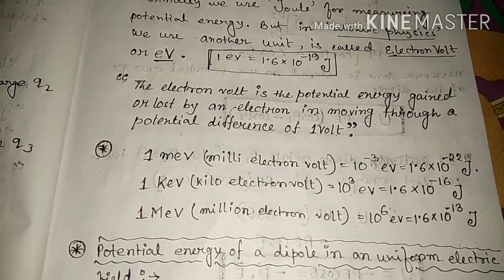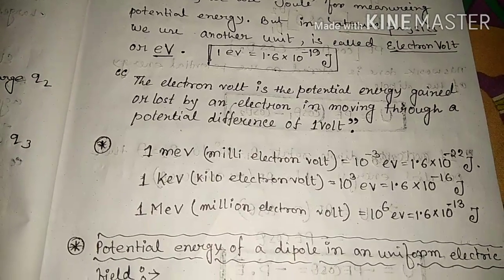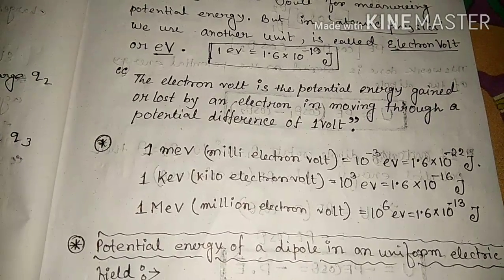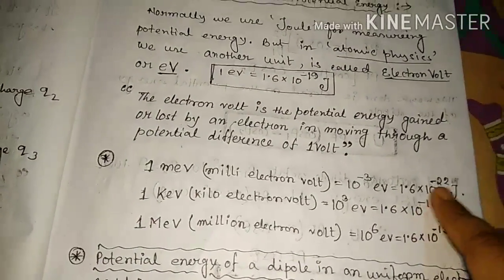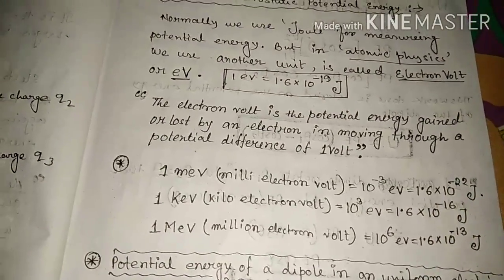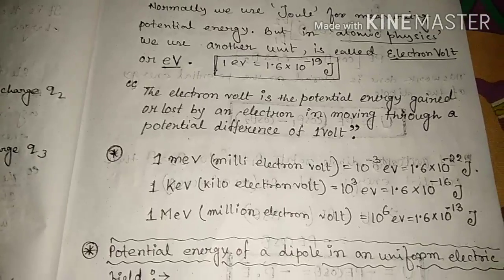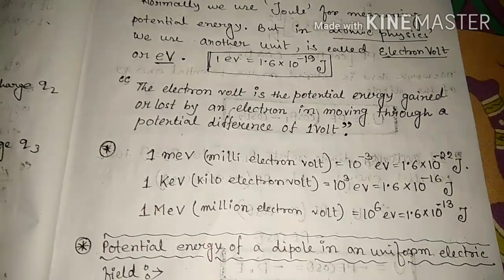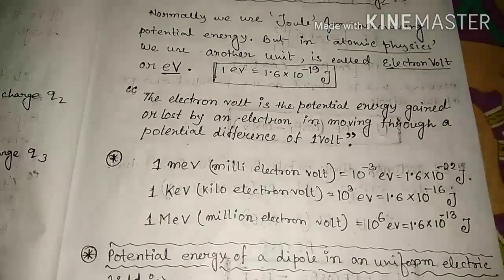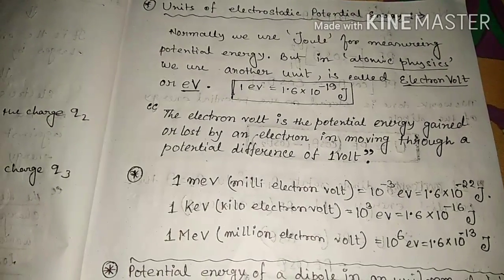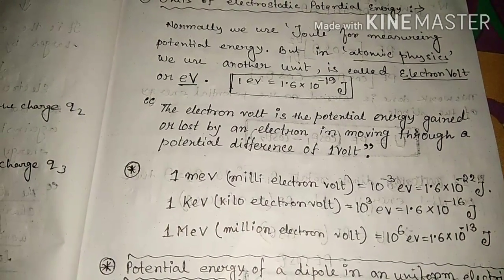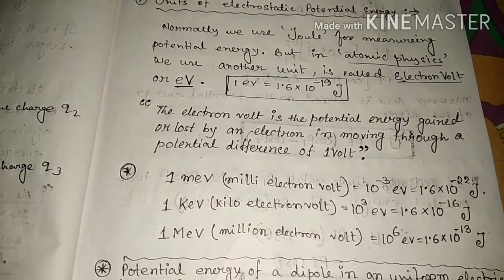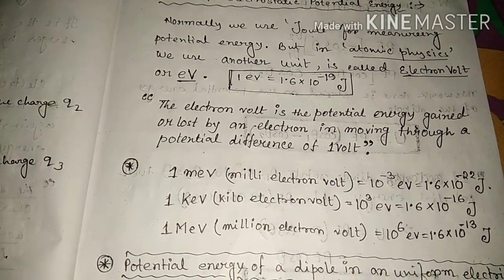And MeV, mega electron volt, is 10 to the power 6 eV, 1.6 into 10 to the minus 13 joule. These values, 10 to the minus 13, minus 16, minus 22, are very, very small. That's why we use the eV. And if you study atomic physics in higher studies, you will learn many things related to electron volt.